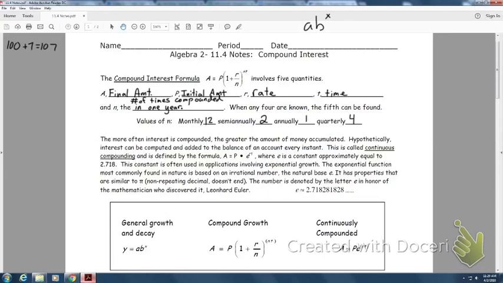Okay. Garrett, will you read that paragraph, please? The more often interest is compounded, the greater the amount of money accumulated. Hypothetically, interest can be computed and added to the balance of the account every instant. This is called continuous compounding and is defined by the formula A equals P e to the RT. There's an R times T there. Yeah.